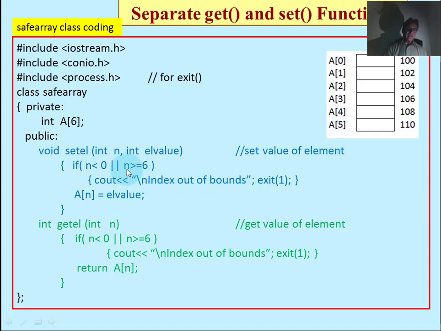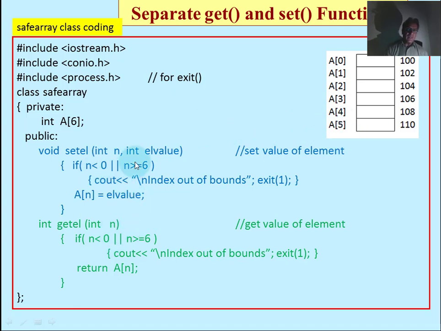So if n is 6 or greater, or n is less than 0, then it will be out of bound, and it will show the message 'index out of bound' and exit from the main program, because we are going to violate the rule by inserting the value beyond the actual reserved limit of the array.